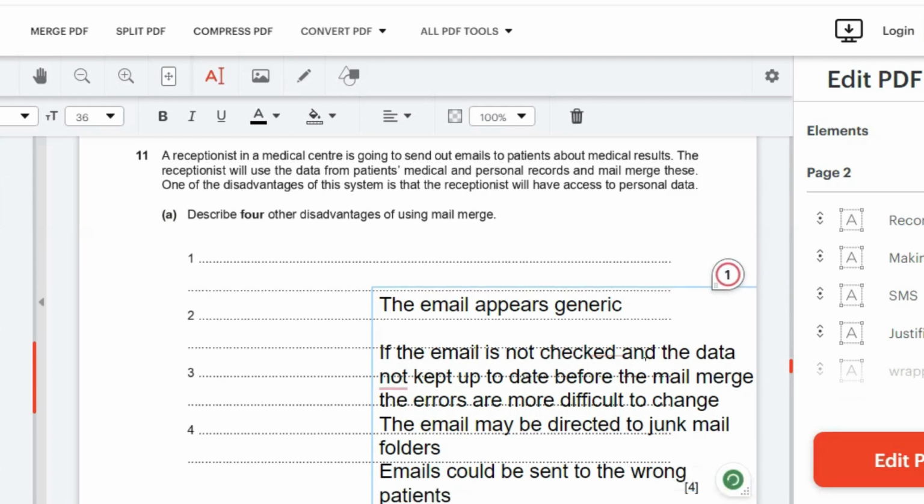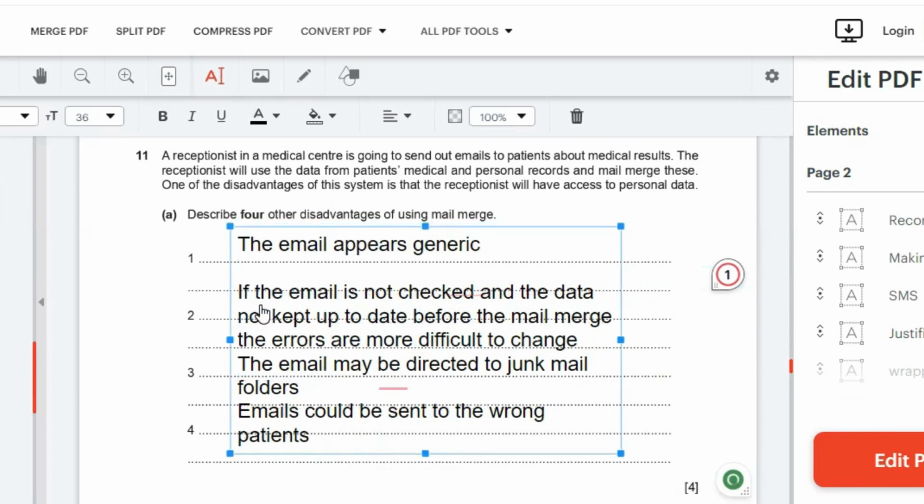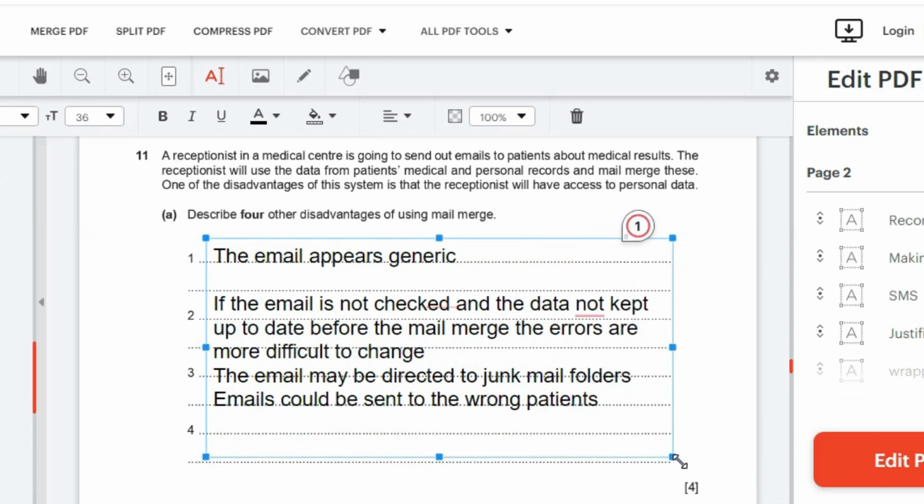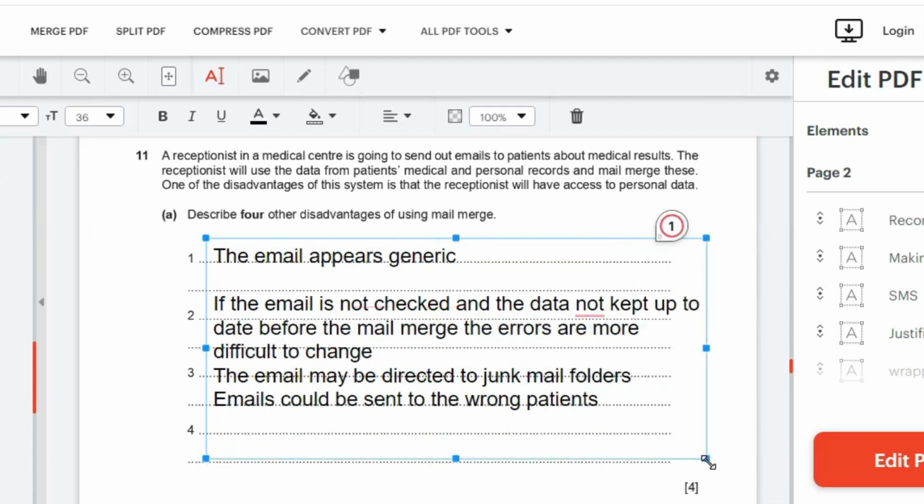So these are 4 disadvantages of using mail merge.